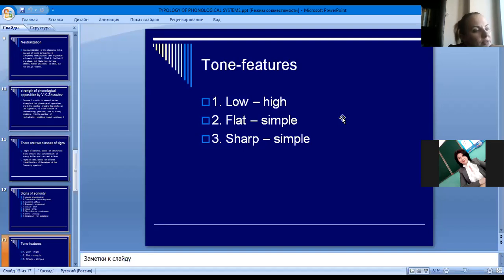Sharp phonemes have some upward shift in comparison with simple phonemes and an increase in some of the upper frequency components. In articulatory terms, sharp phonemes are characterized by palatalization, that is an additional rise of the middle part of the tongue to the hard palate.